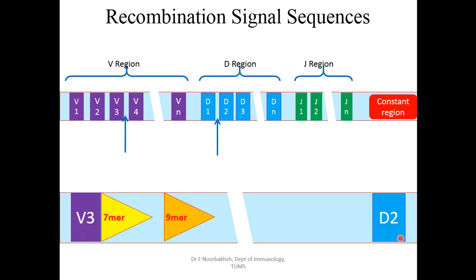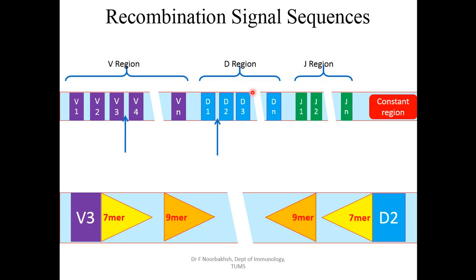But on the right side of the V fragments and on the left side of the D fragments, we have some particular tiny sequences, some heptamers and some nonamers, some 7 nucleotides and some 9 nucleotides, which are located on the right side of the V regions, and exactly the same thing on the left side of the D regions, but in opposite direction.